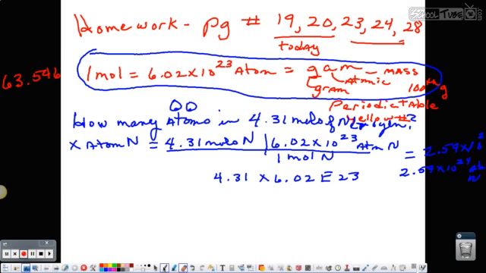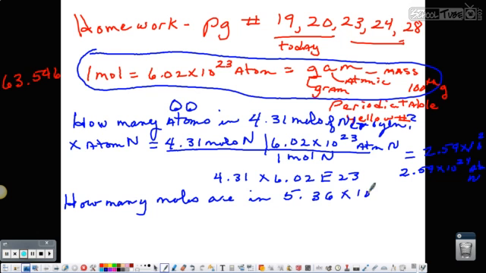This time we're going to say how many moles are in 5.36 times 10 to the 22nd atoms of fluorine, F.